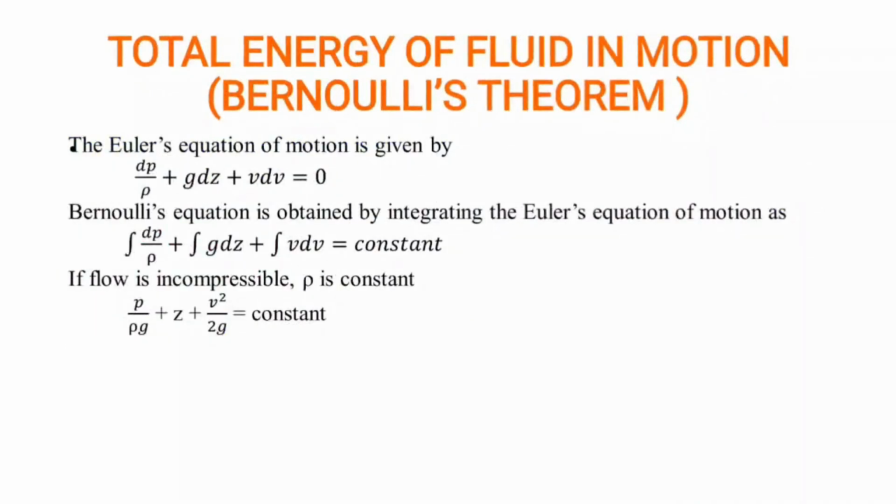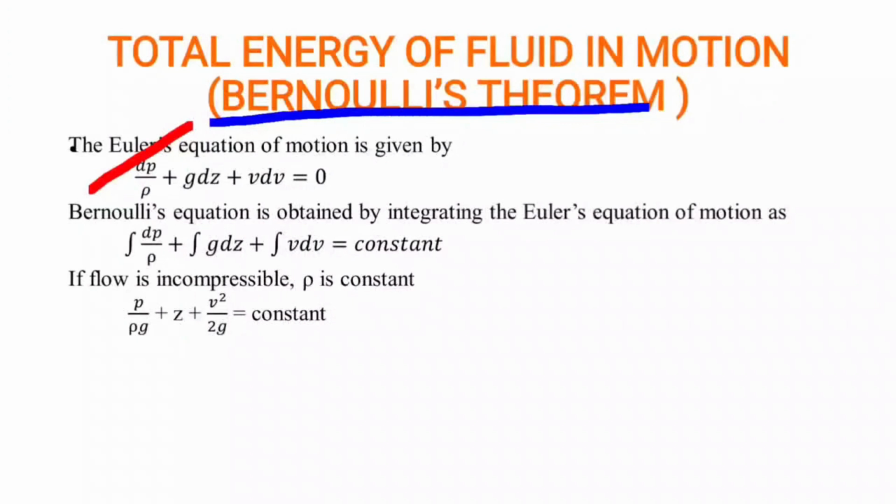Next, Bernoulli's theorem, how we can derive this? From the Euler's equation of motion. We can derive the Bernoulli's equation from Euler's equation. The Euler's equation is dp/ρ + g dz + v dv = 0. If you need a detailed derivation of Euler's equation, please refer R.K. Bansal textbook.